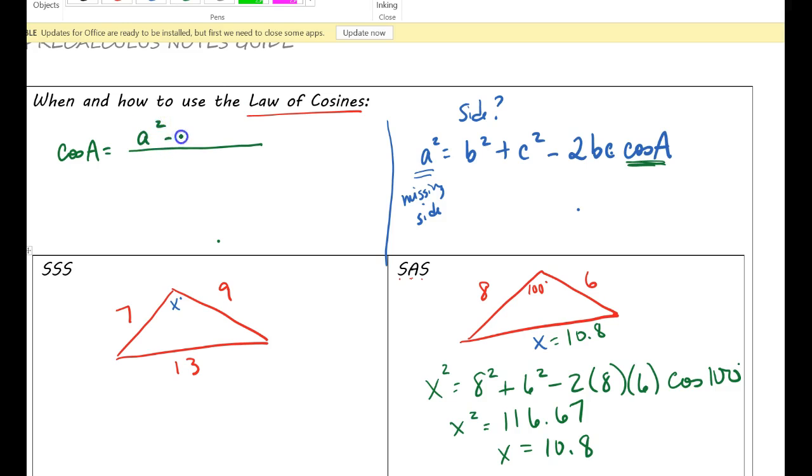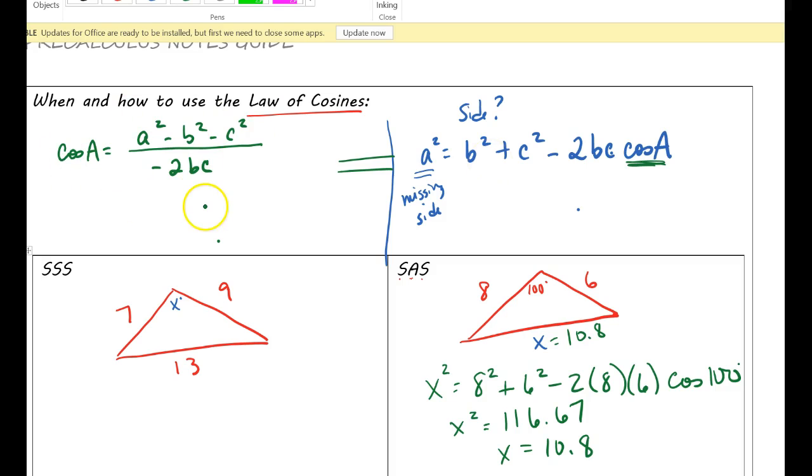So it would be a squared minus b squared minus c squared, because we got to move those away. Then we would have to divide this off. And so I would divide by the negative 2bc. That is all that it is. So this formula, your teacher's going to show you, it's not a different formula. It's this rearranged. These two are equivalent, okay?